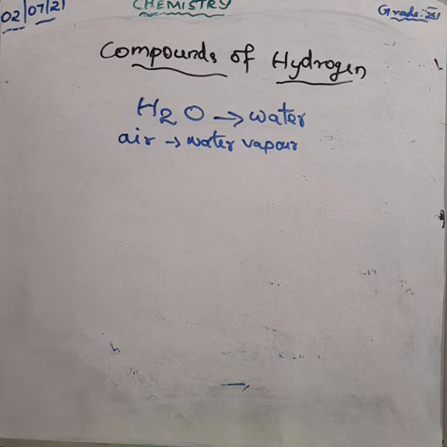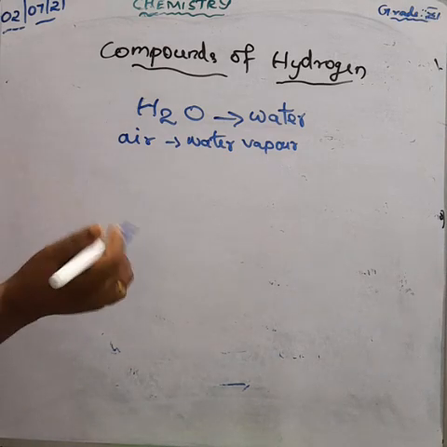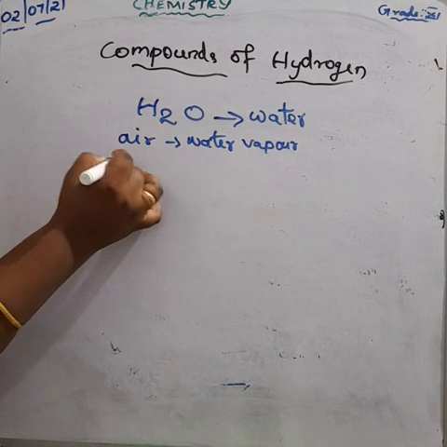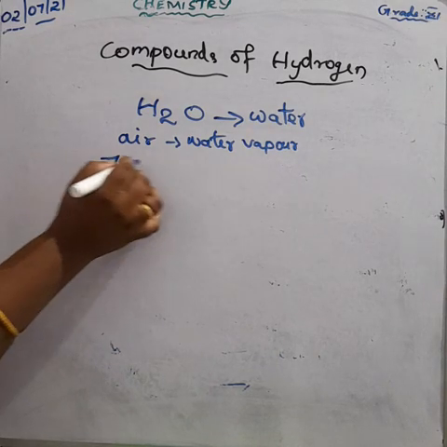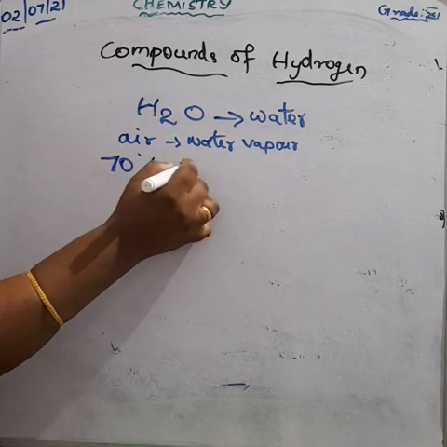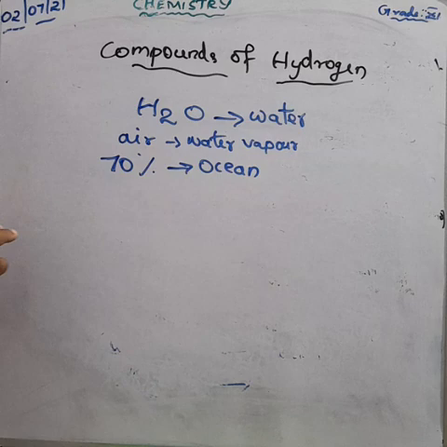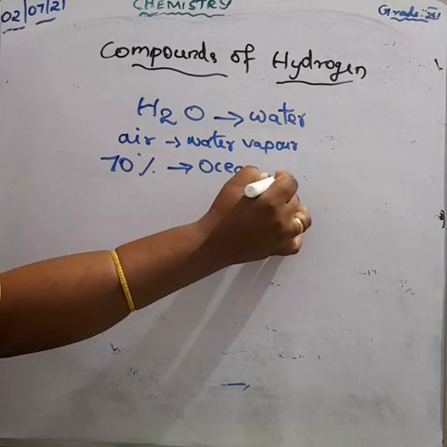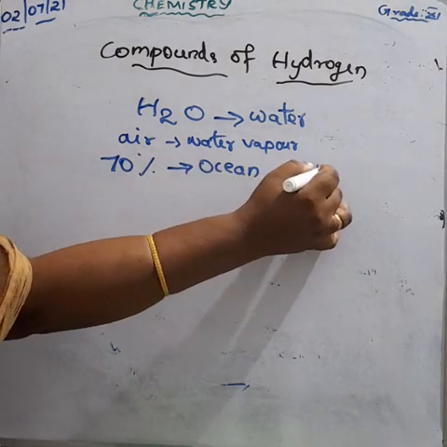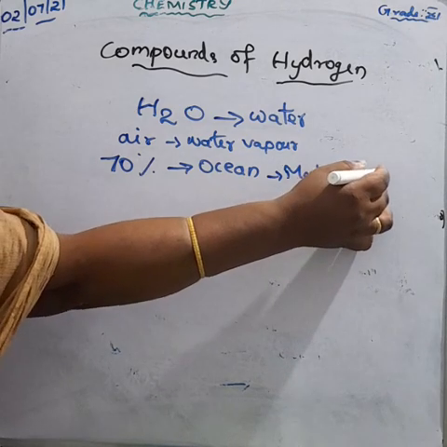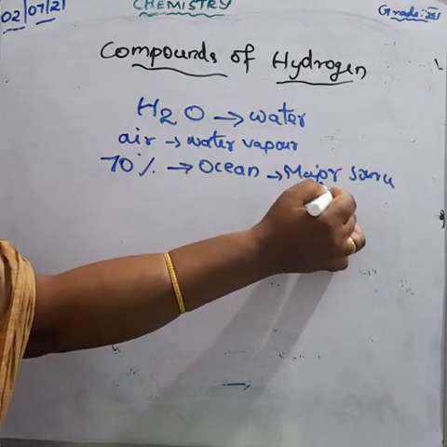We know about the water. Our earth surface contains approximately 70% of ocean, which is the major source of water. 70% of earth is covered by the ocean.